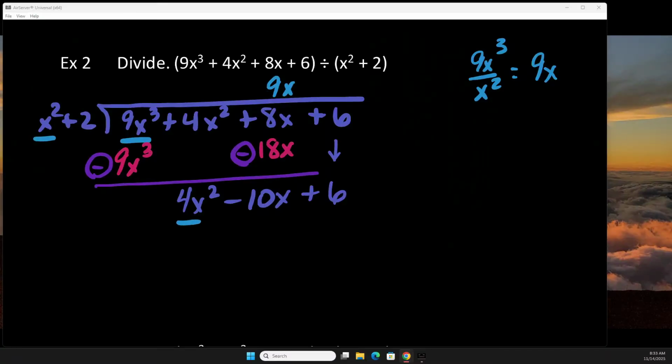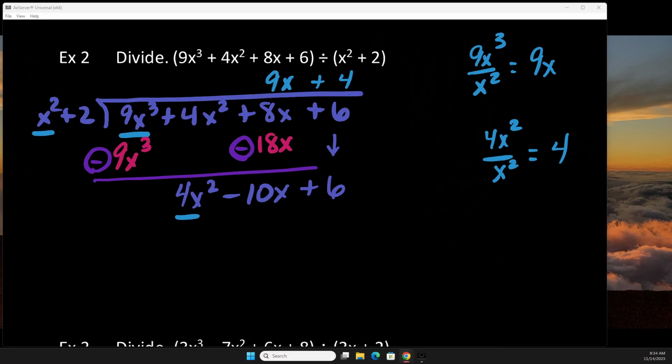So you have options. You can ask yourself, what do you multiply x squared by to get 4x squared? And the answer would just be 4. Or you could go over to the side and take 4x squared and divide it by x squared. And you're just going to get 4. All right, and then we're ready for the multiply step, where we're going to take 4, we're going to multiply it by both of these.